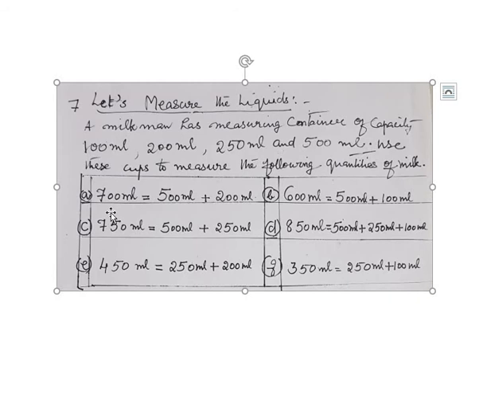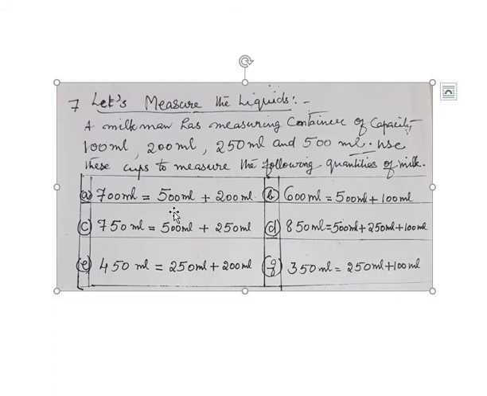So first one, 700 ml. By using these different measuring containers, how can you measure 700 ml? I have taken here a 500 ml can plus a 200 ml can. 500 plus 200 we will get 700 ml.